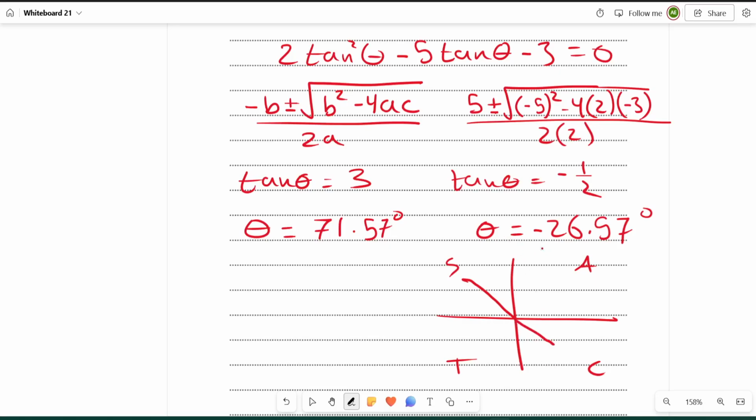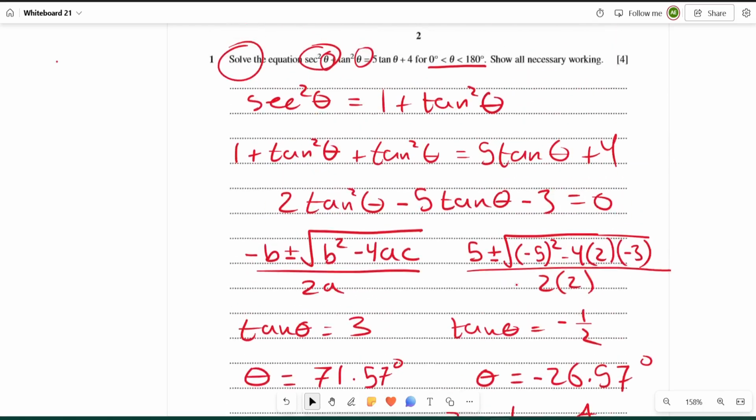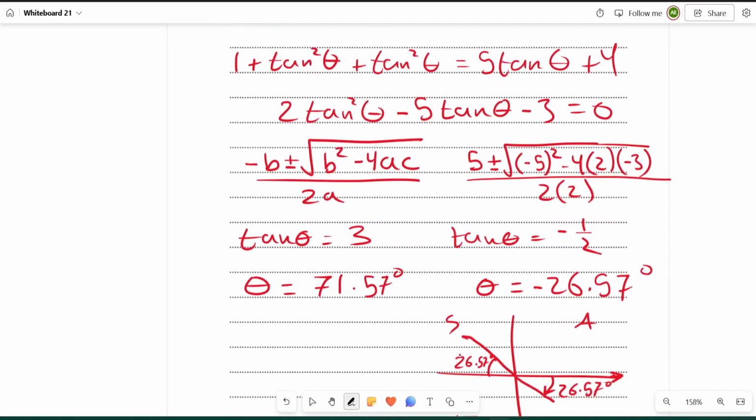My first answer is negative 26.57, so I start from my x-axis and I go clockwise because it's negative. I go clockwise 26.57 degrees. That is my first solution. And here by symmetry, this is also going to be 26.57 degrees. Now to find the other solutions, I'm only looking for positive solutions, right? So I'm always going to start from my x-axis.